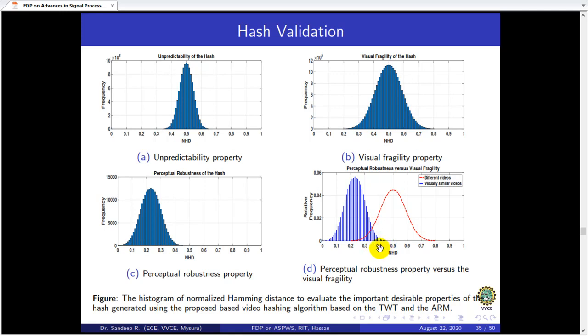So if I keep the threshold at around 0.35 or 0.4, above 0.4 it is visually different, below 0.4 it is visually the same. So very few visually similar videos will be classified as different videos, but there are still some different videos that will be classified as visually similar videos, but the number of misclassifications has reduced drastically.